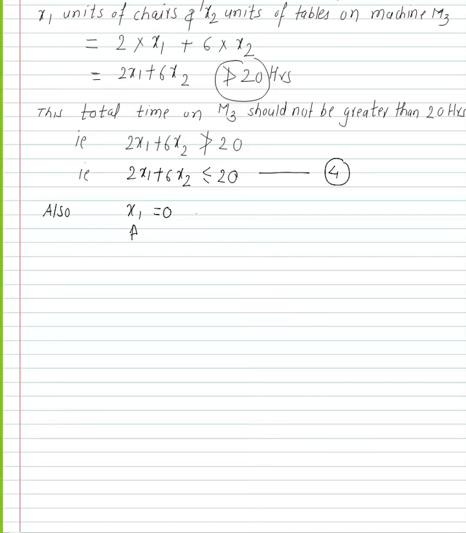If x1 is 0, a firm will not make a chair, and x1 greater than 0 means a firm will make that quantity of chair.